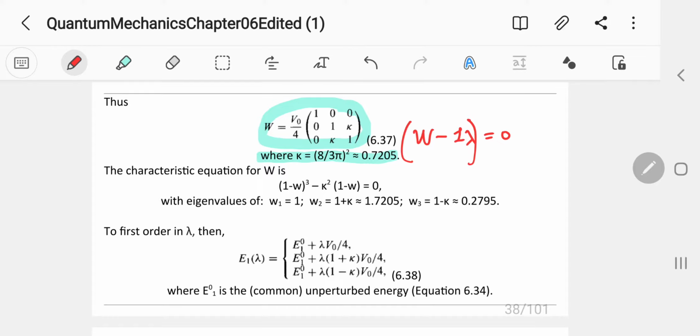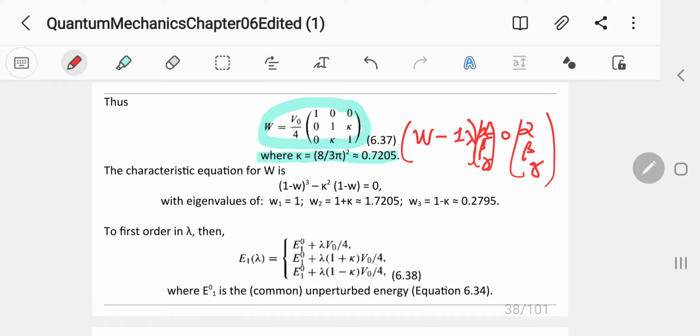You will have to get this, which would be alpha, beta, and gamma, and then you also have alpha, beta, and gamma here representing the wave functions.